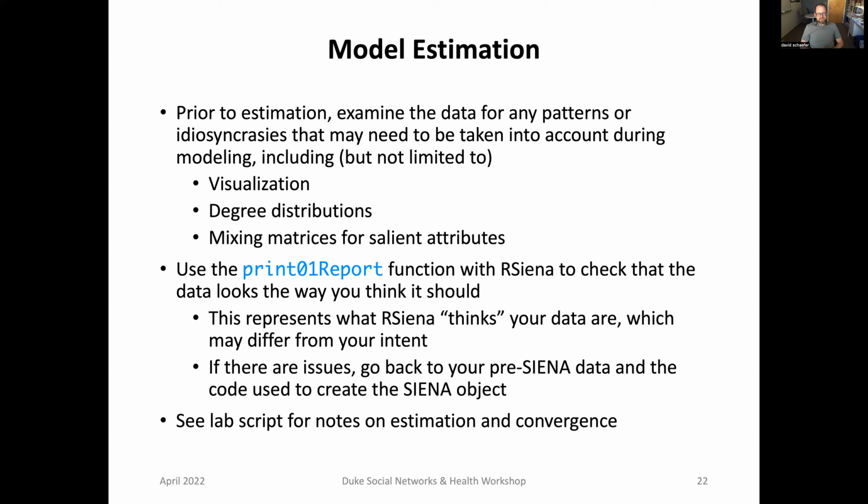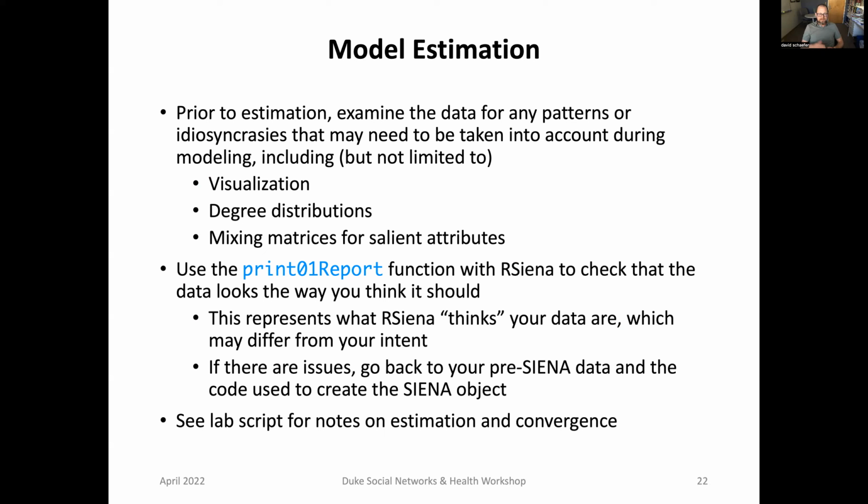So I also want to emphasize looking at the print01 report function within our Siena. Okay, once you put your data together and turn it into a Siena object, the print01 report provides a summary of that Siena object. And so this is what Siena thinks your data are.